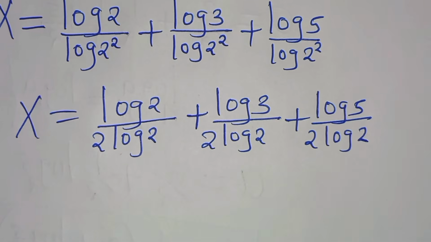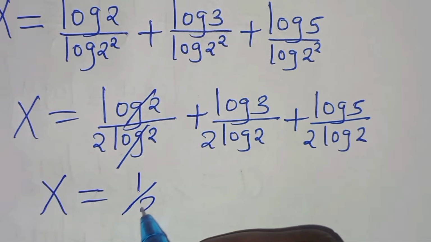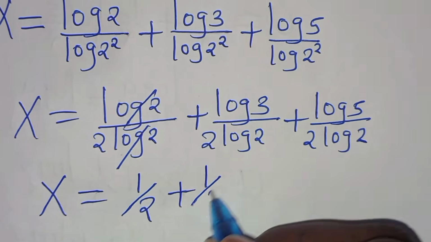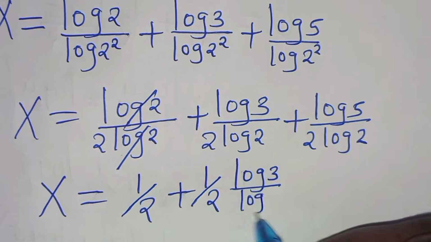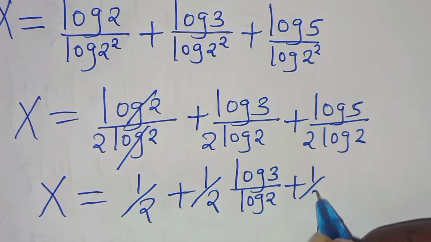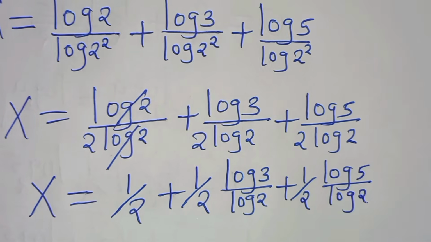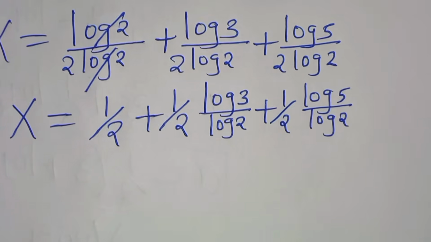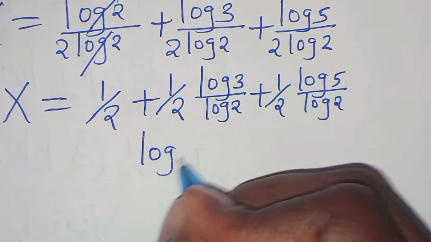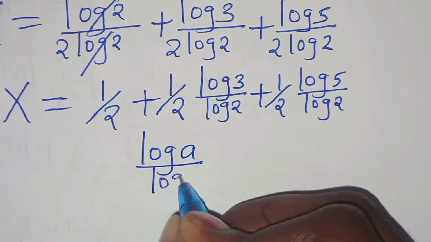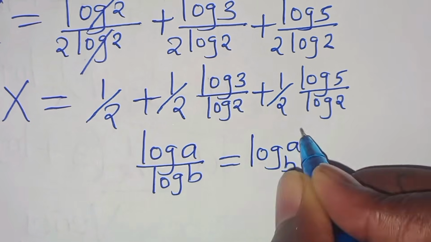So let's simplify here. Log 2 and log 2 simplify, so that x is equal to a half, plus a half log 3 divided by log 2, plus a half log 5 divided by log 2. Now this is in the form of log a divided by log b, which can be expressed as log a to base b.